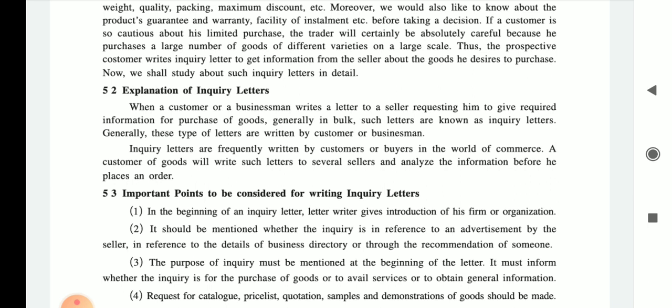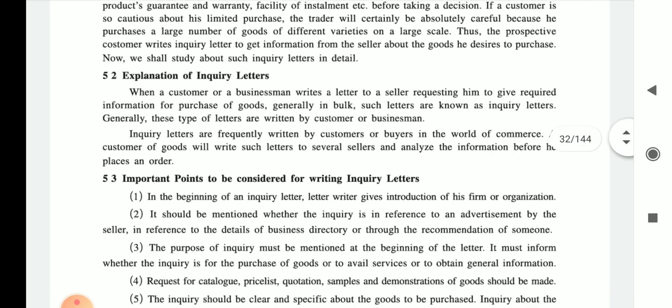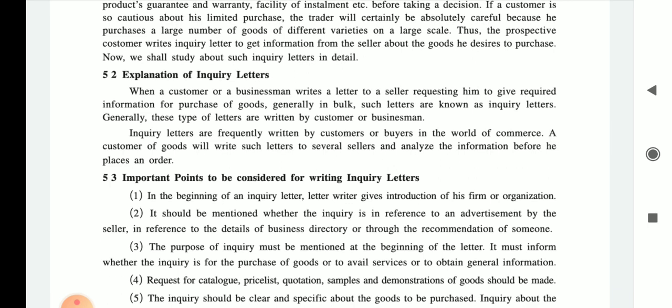So think about how, where and how much inquiry should be made by the businessman, because he has to purchase a large number of goods and a large variety. It is obvious that he will make inquiries about so many products, and then he will be able to place an order at a particular place.